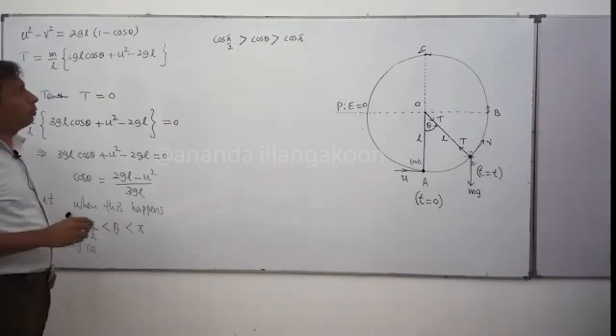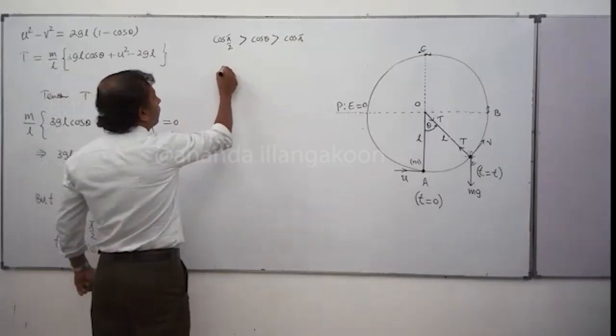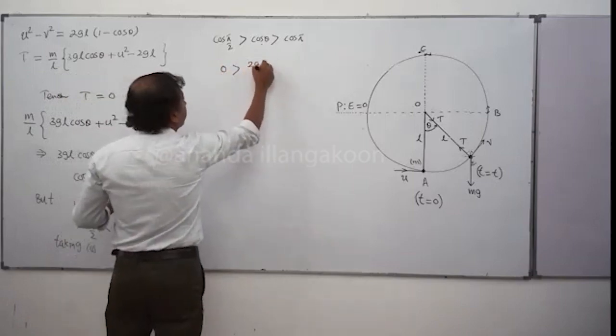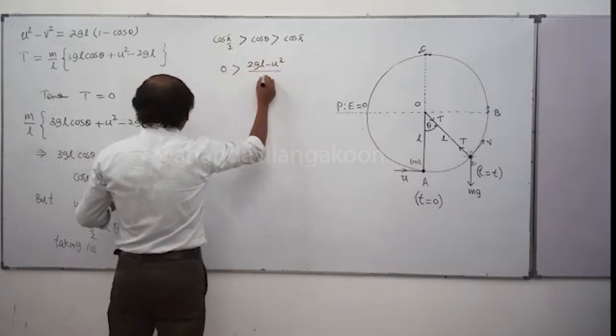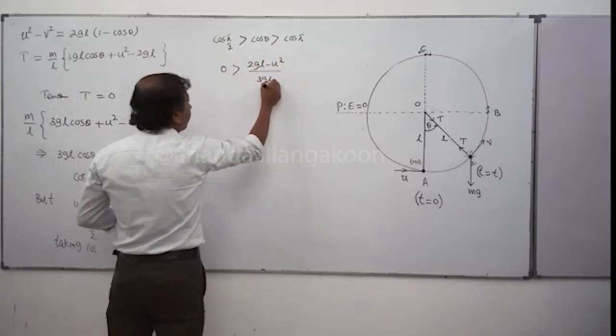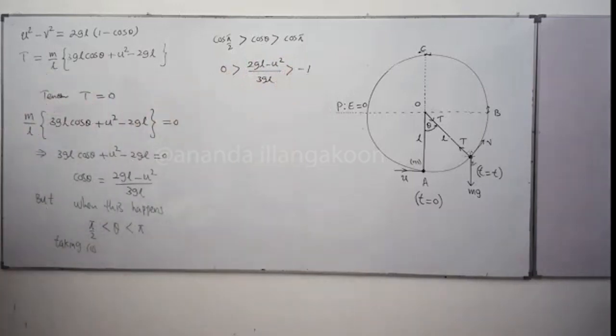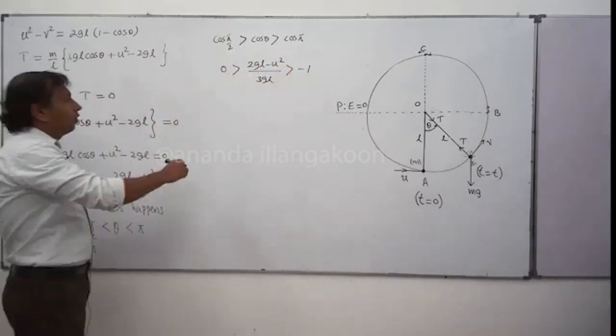You know cos pi by 2 is 0, cos pi is minus 1, no? Cos theta is this answer, 2GL minus U squared divided by 3GL. Cos pi is minus 1. Now multiply this by 3GL.